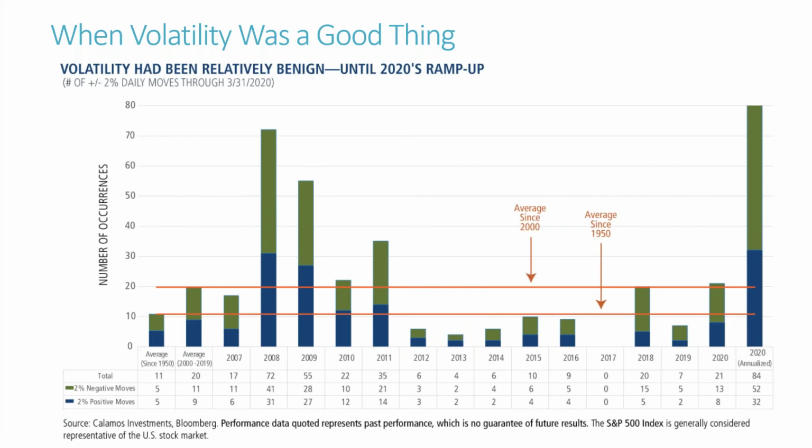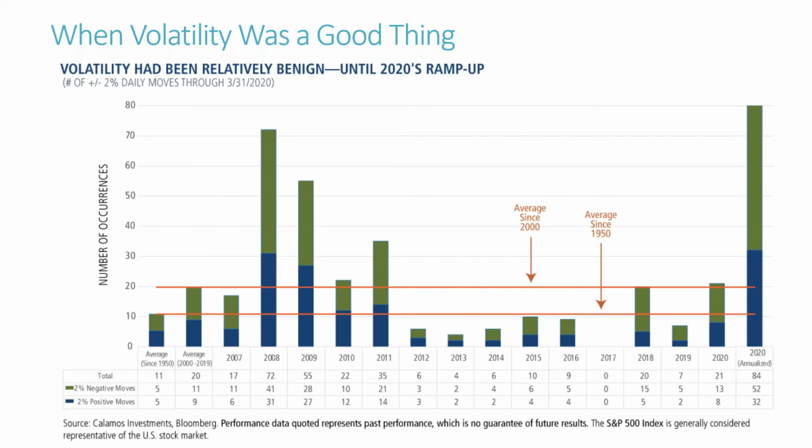So volatility has been a lot higher in that shorter time period, and I think a lot of that could be attributed to 2008, 2009. In 2008, there were 72 days of plus or minus 2% moves in the S&P 500 index, so a lot more volatility than we've seen historically.